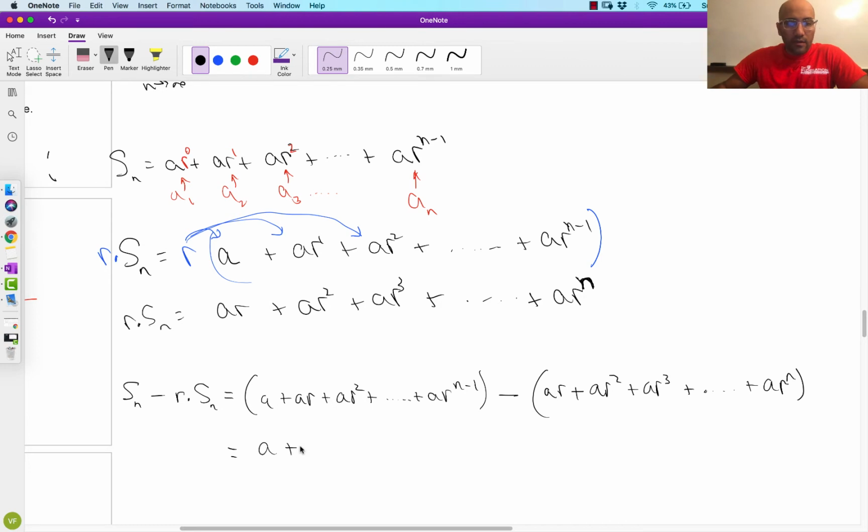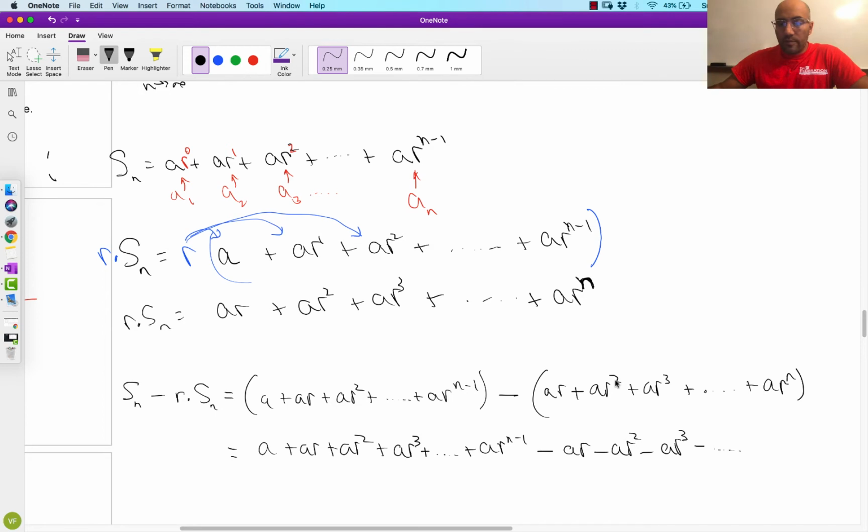I'll have a plus ar squared plus, let me throw in one more, ar cubed plus dot dot dot, plus ar to the n minus 1 power, minus, and now I'll have ar minus ar squared minus ar cubed minus dot dot dot, and then I'm going to go to the one that came right before it, right?